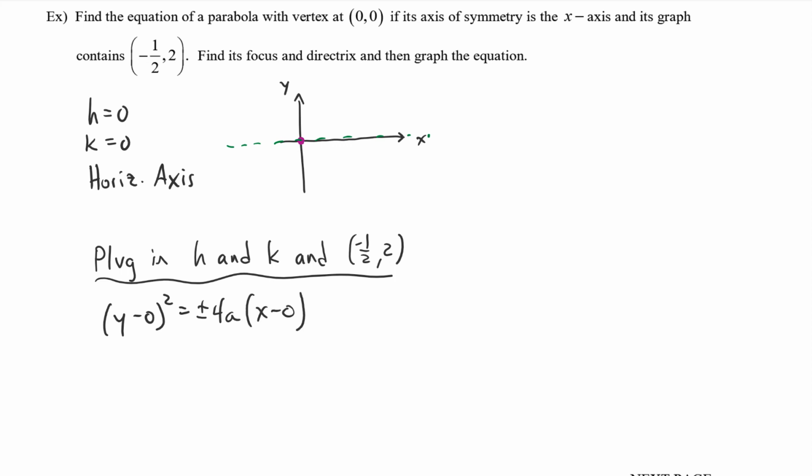But we actually know a coordinate on the actual parabola. That's just a generic coordinate that's on the parabola. So let's plug that in. So that would be 2 minus 0 squared.